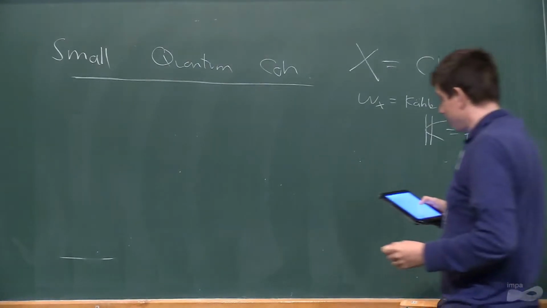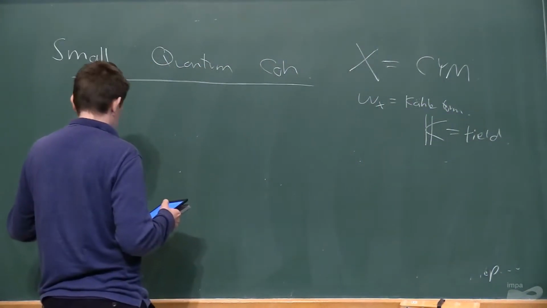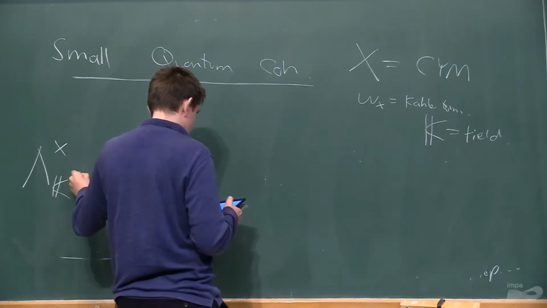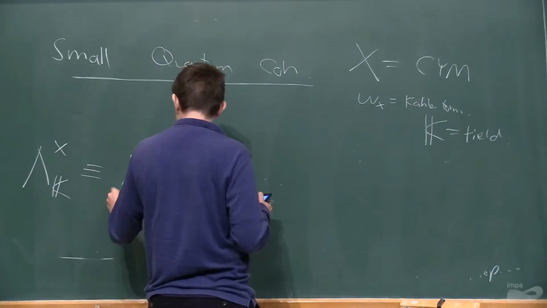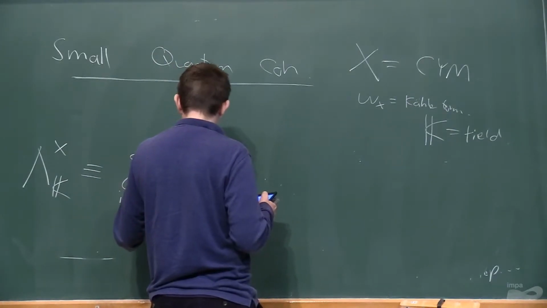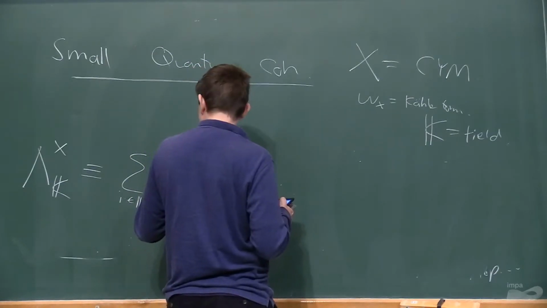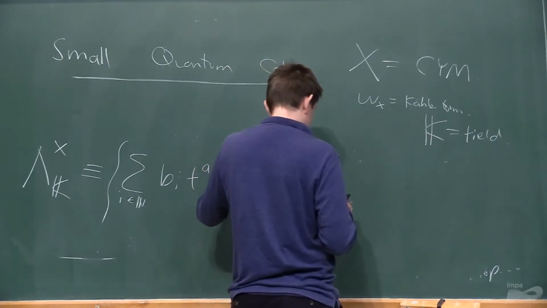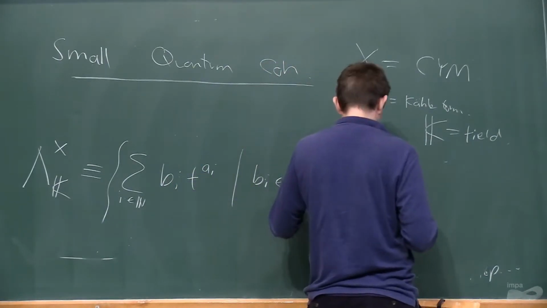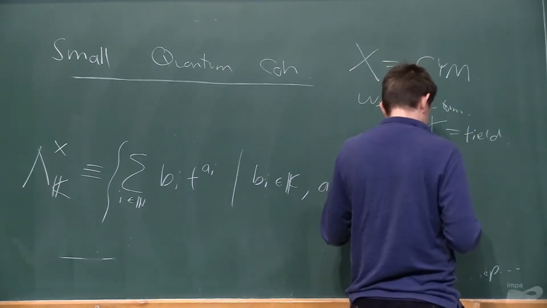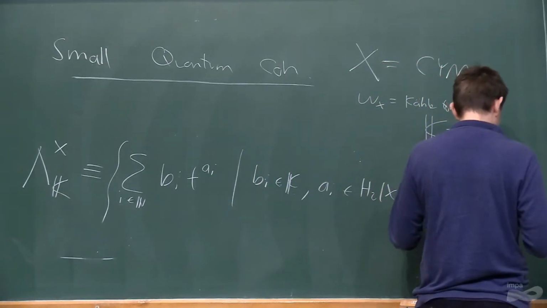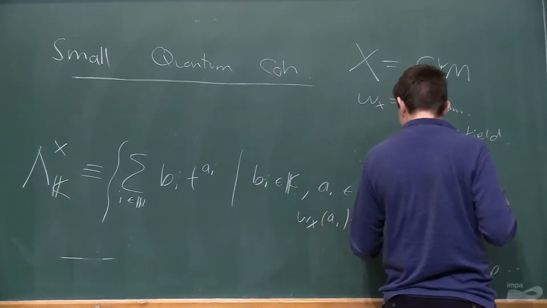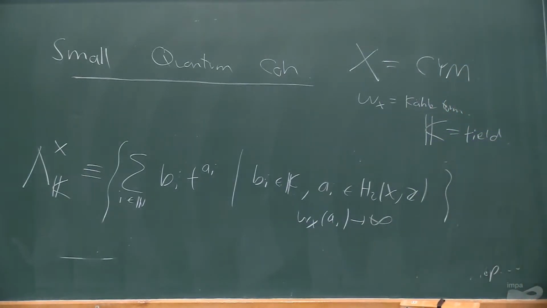And then we have a Novikov ring over this field. I'll write that as Λ_{X,K}. This is defined to be sort of power series like this.